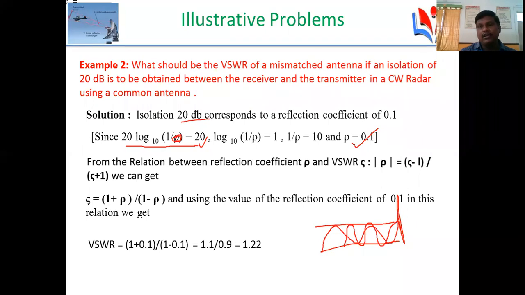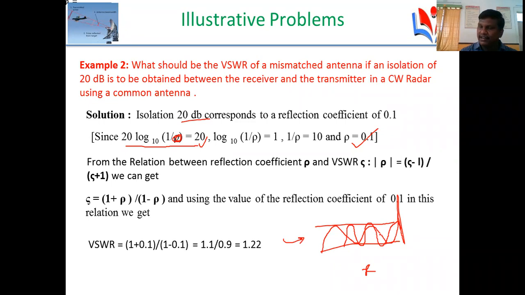What does the reflection coefficient mean? Based on the reflection coefficient, we'll calculate the VSWR. Let us assume some amount of power is transmitted from the source end. What is the amount that is reflected back?